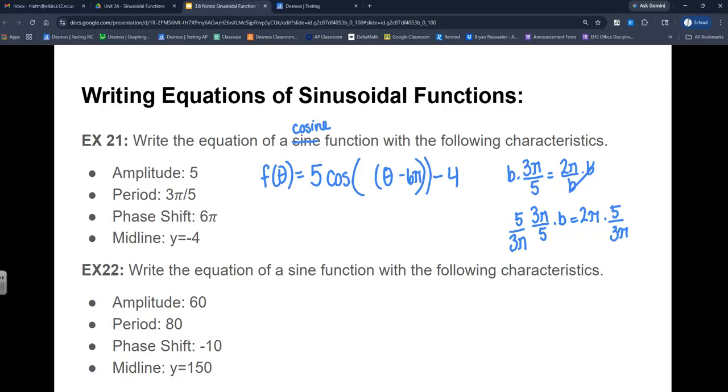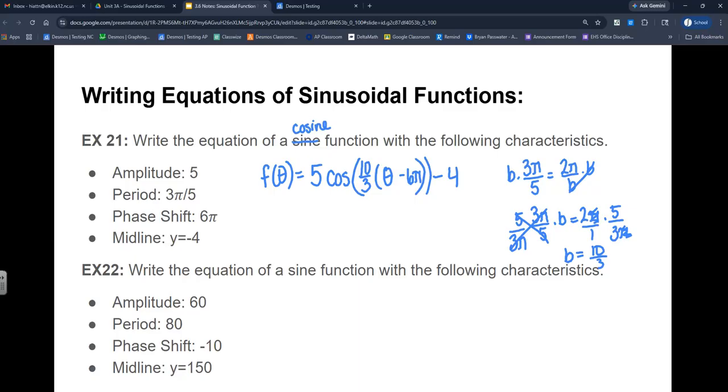Flip the second and multiply. So when we divide by 3 pi over 5, it's really the same as multiplying by 5 over 3 pi. You can see everything cancels here. On this side, let's put this over 1 so that those are both fractions. The pi will cancel with this pi, and I will get 10 over 3. So 10 over 3 is the number that I'll get there on the inside for the b value.